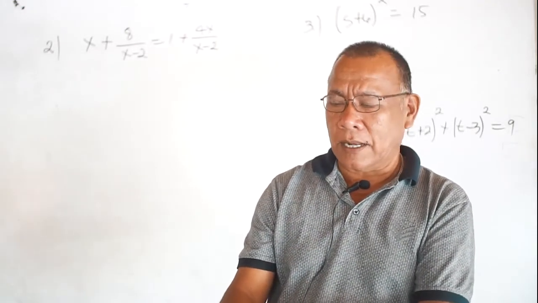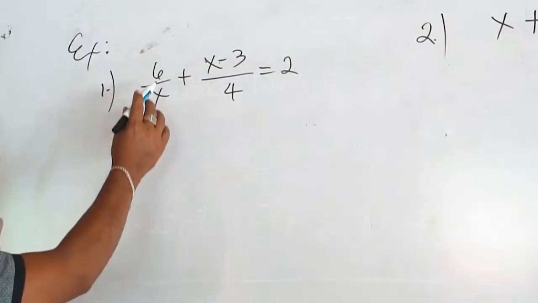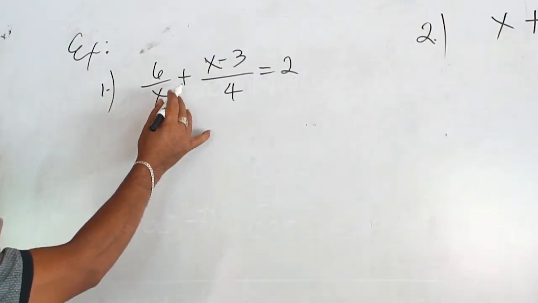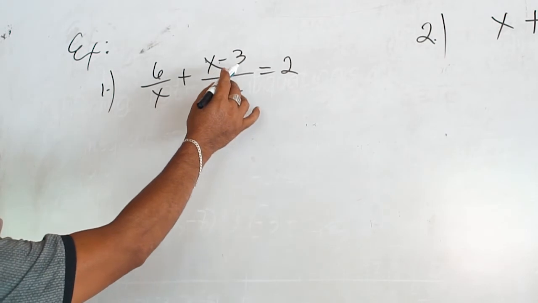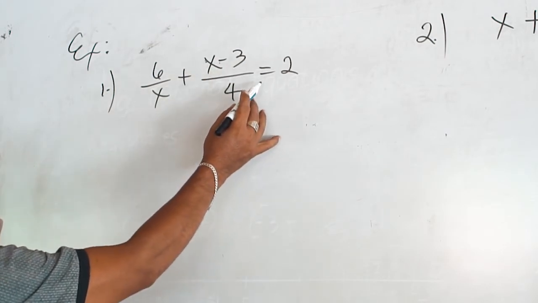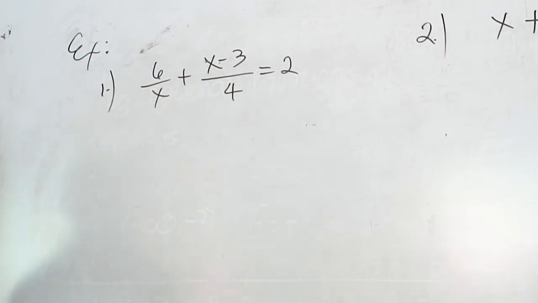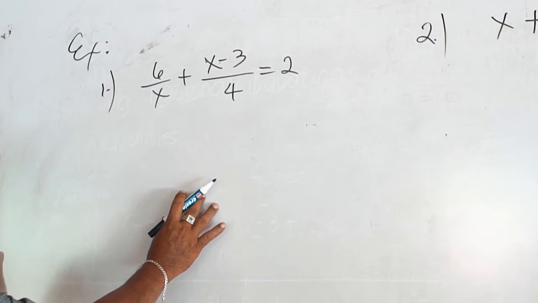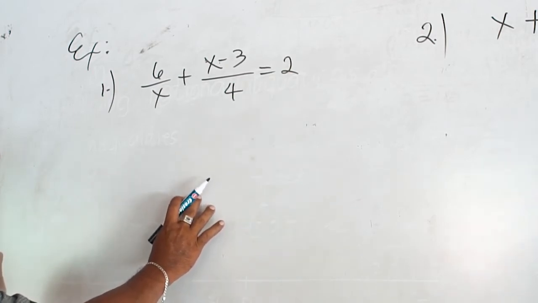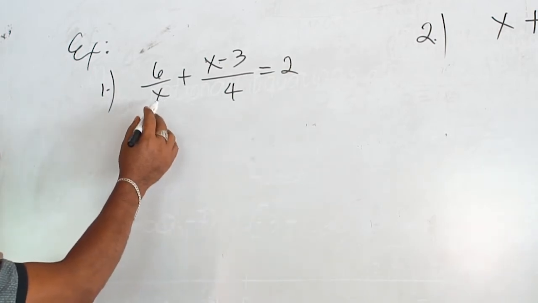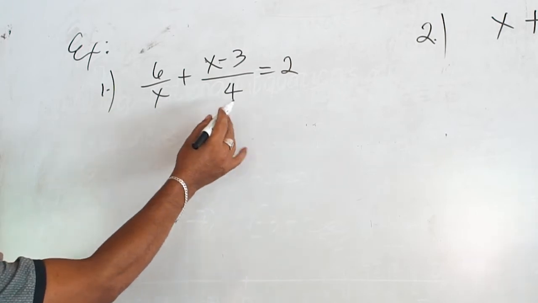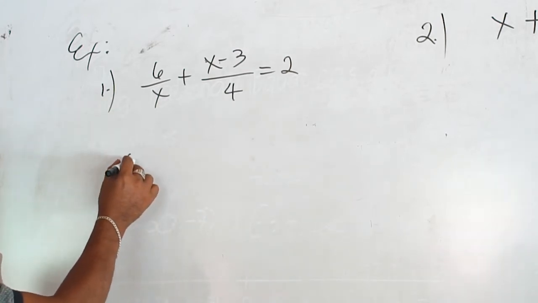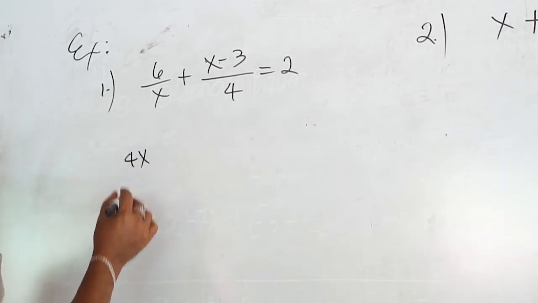Okay, for example, 6 over x plus (x minus 3) over 4 equals 2. The first procedure: find the least common denominator. The least common denominator of x and 4 is 4x.